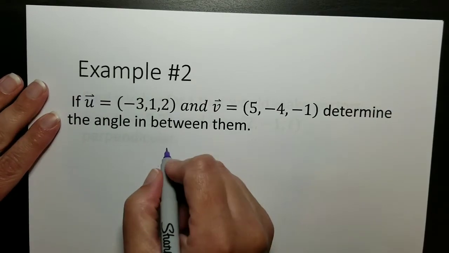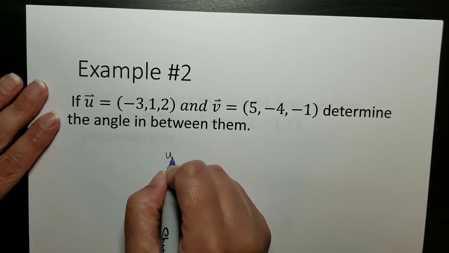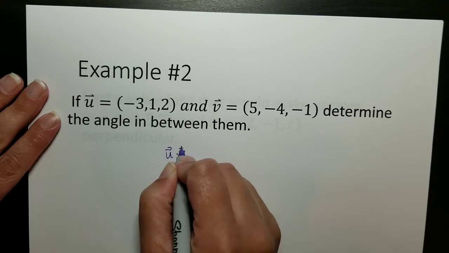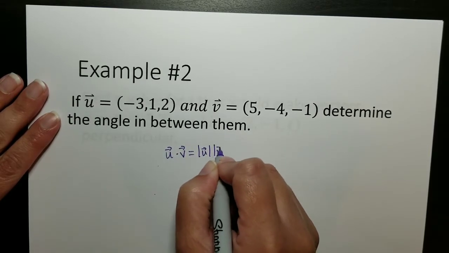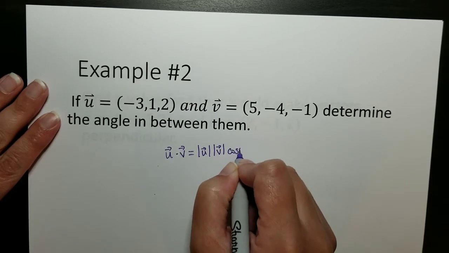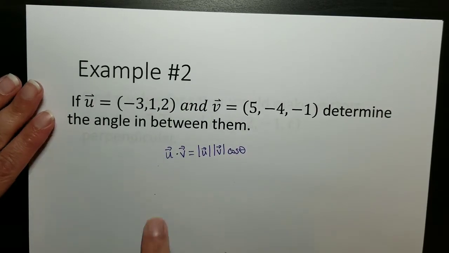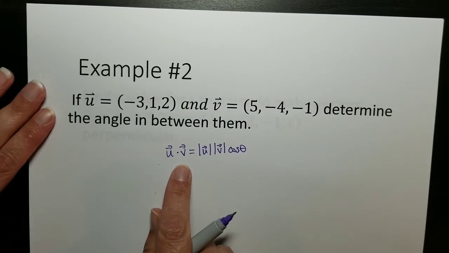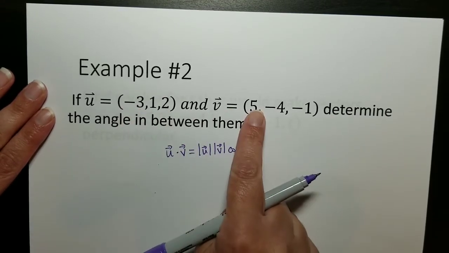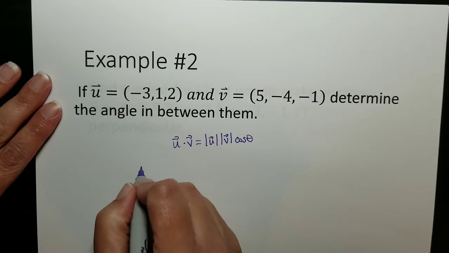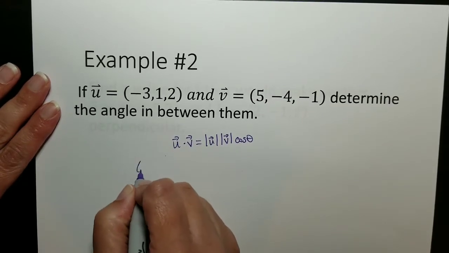So I'm going to start with u dot v is the magnitude of u times the magnitude of v times cos theta. And then I'm just going to do all those calculations right in this equation. So u dot v, I take the x components and multiply them, the y components and the z components, and add them all up.